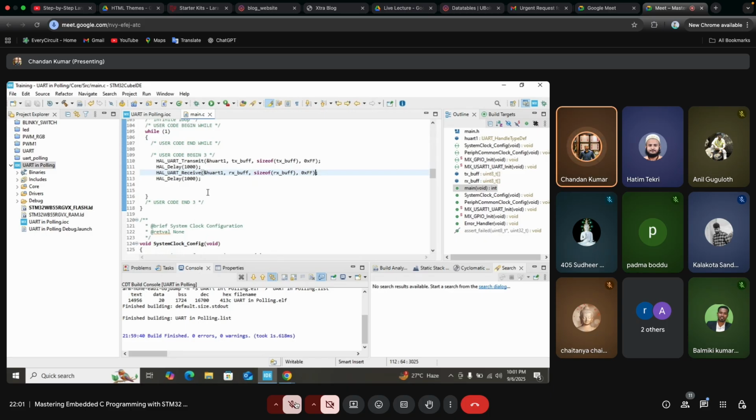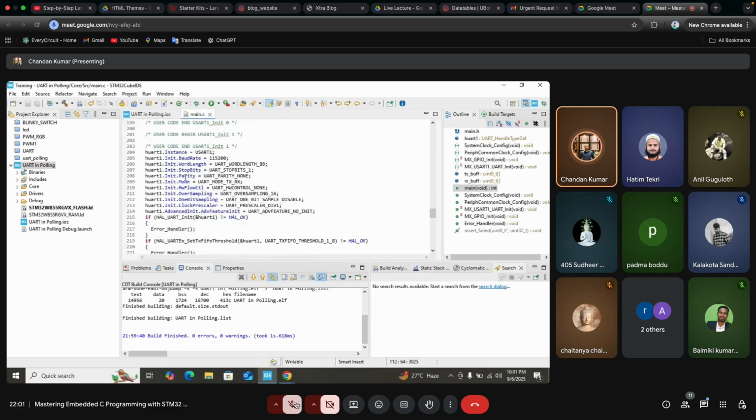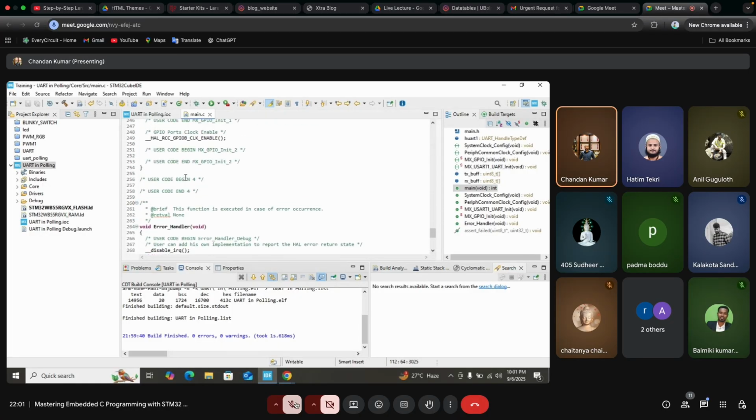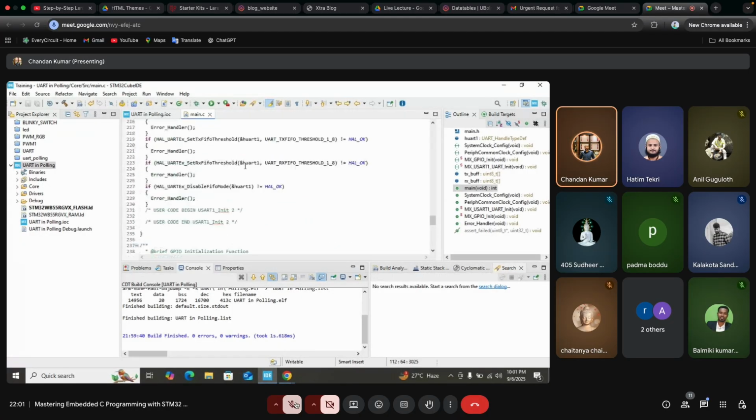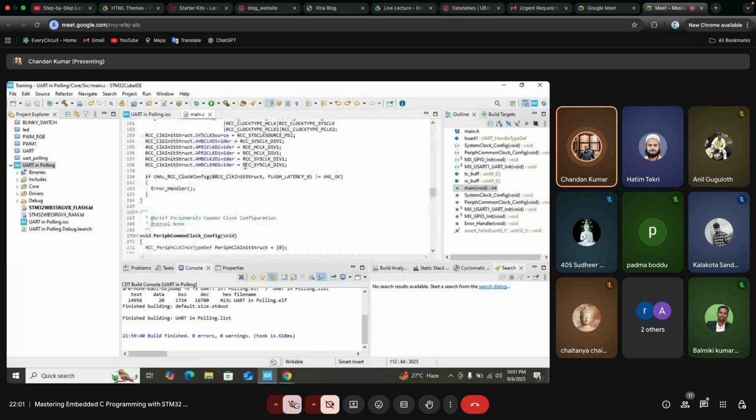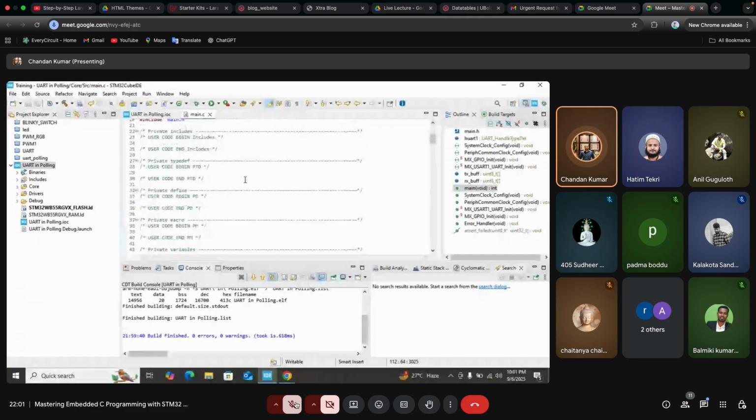So just do this, I think in user code line 4 here, and make checks like if your transmission is successful, then it will receive. Do this and you will receive it. If not, then I'll tell that also. But I want you guys to practice and do these things.